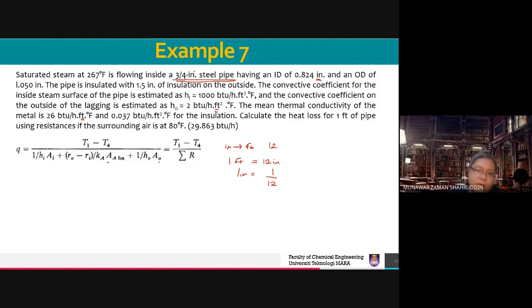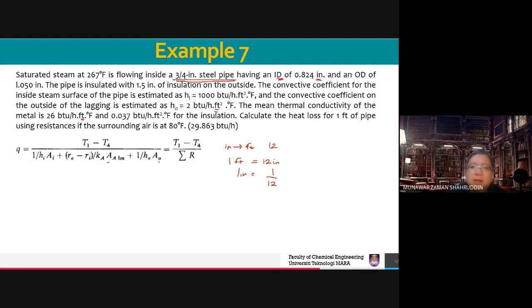The pipe being 3/4 inch does not mean that the diameter is 3/4 inch. The diameter is given by 0.824 inch. The grade is 3/4 inch, but basically the internal diameter is 0.824 inch.